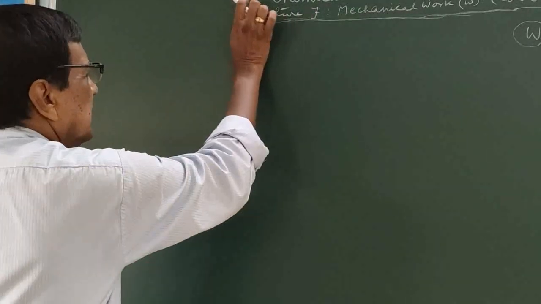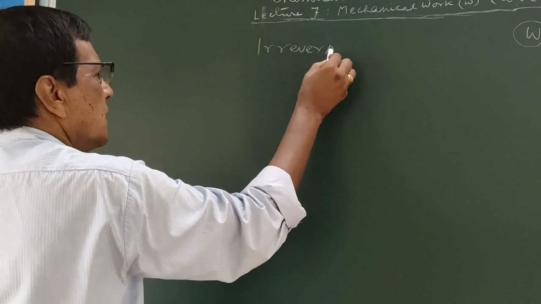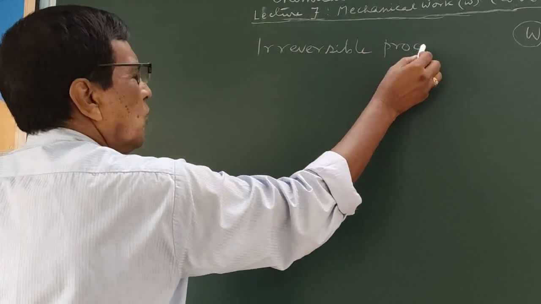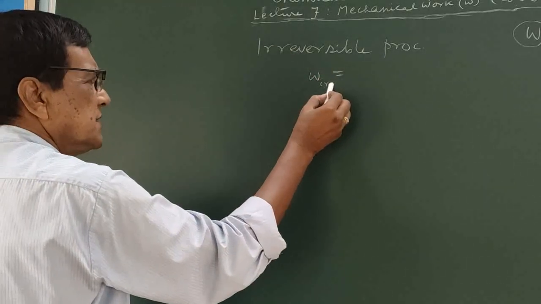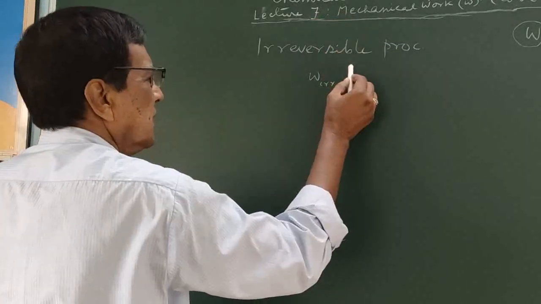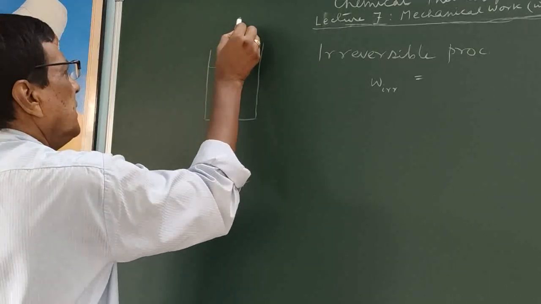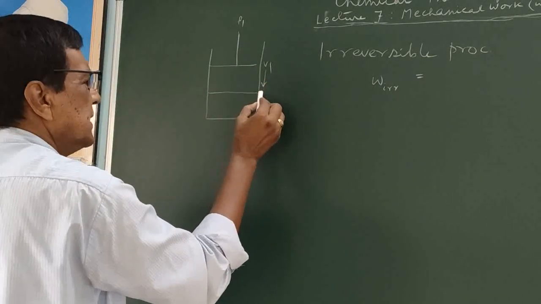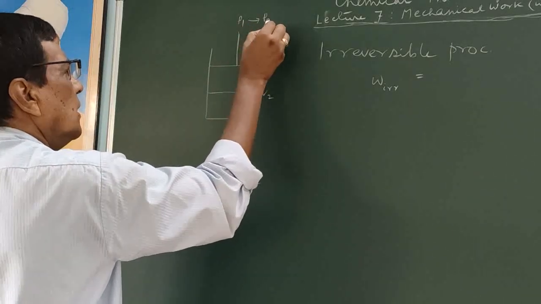For the irreversible process, the mechanical work done, suppose this is the figure, here it is P1, and the compression occurs to V2 and the pressure goes from P1 to P2.